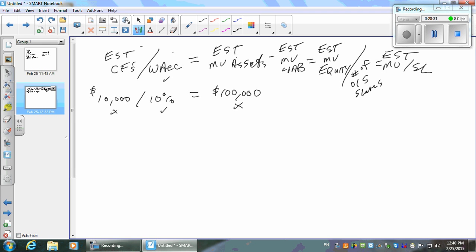It's an annuity forever. Got it? So does this make sense that you would take whatever your estimate of cash flows is and divide it by whatever your WACC is, and you would get what the assets have to be worth? The WACC is how much I'm going to earn on all of my assets, whether I borrowed the money, it'd be debt, or it's equity. Everybody good?